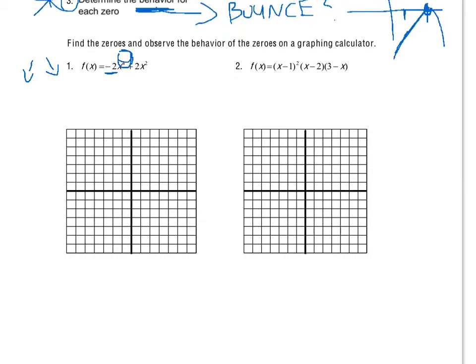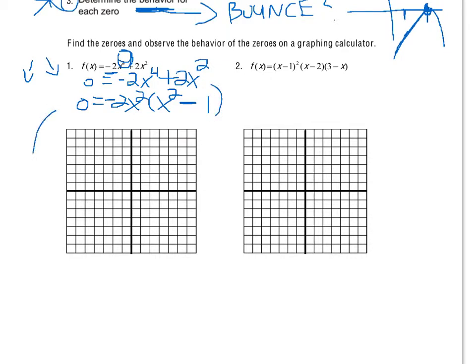Let's find the zeros. If I set this equation equal to 0, the key is factoring. I'm going to take out a common factor of negative 2x squared. When I take out negative 2x squared, on the inside I have x squared, and since I took out a negative, this has to be a minus: x squared minus 1.